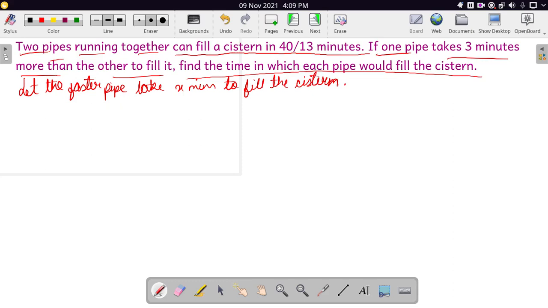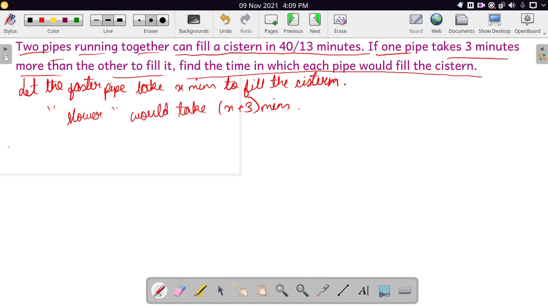Therefore, the slower pipe would take x plus 3 minutes, because that is exactly what is given in the question. Since the faster pipe takes x minutes to fill the cistern, it's very simple.